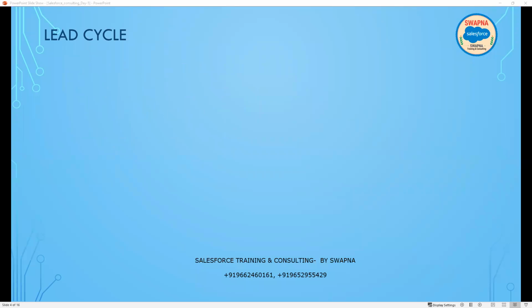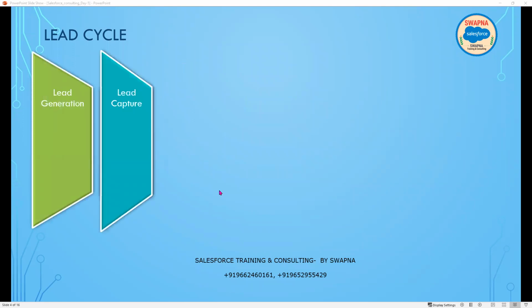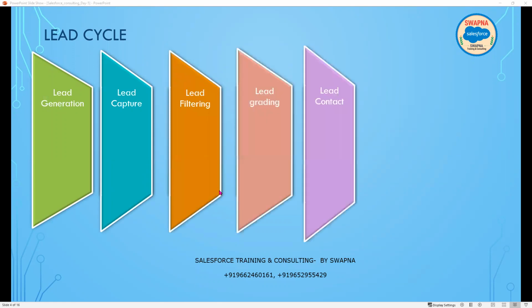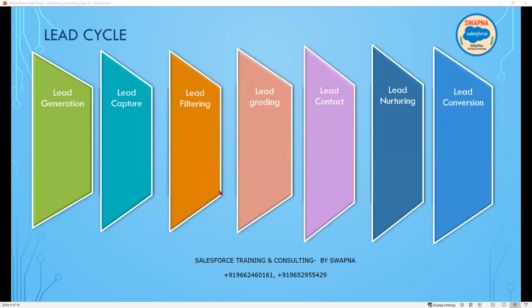Now, in order to identify who is really a genuine lead, the lead has to go through the cycle. In the cycle, we have different stages. The first one is lead generation, lead capture, lead filtering, lead grading, lead contact, lead nurturing, lead conversion.